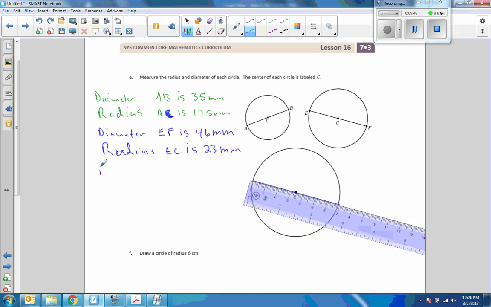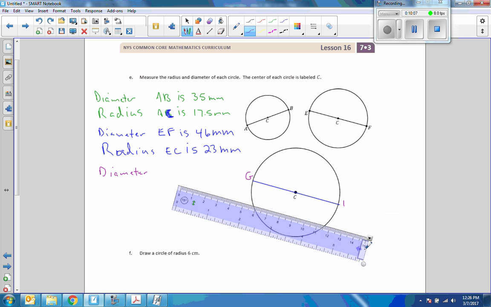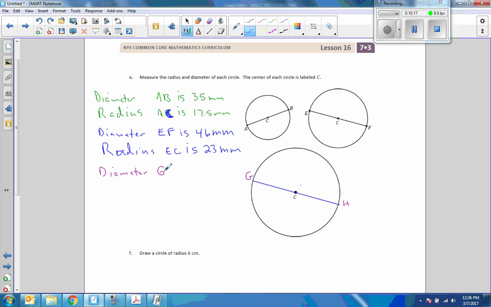So the diameter, and this was A, B, C, A, B, E, F, how about G, H, call this center C. Okay, I don't need this anymore. Get it out of the way because it's grabbing my line. I'm going to try to draw the H. So call this GH, and this is center C. So diameter GH is 70 millimeters.